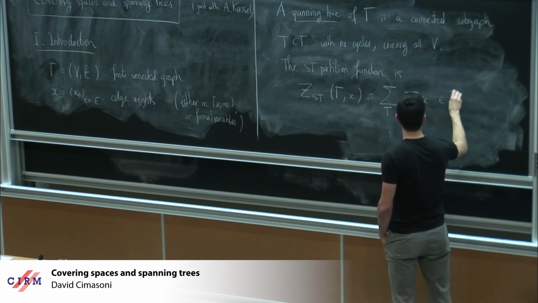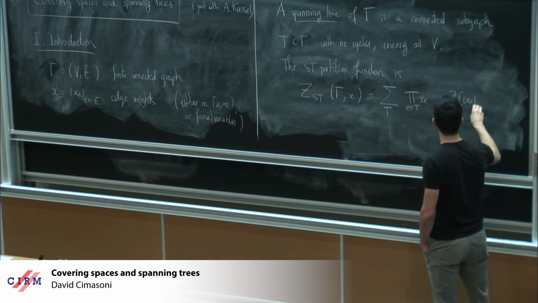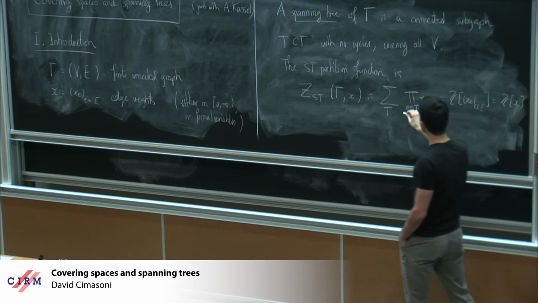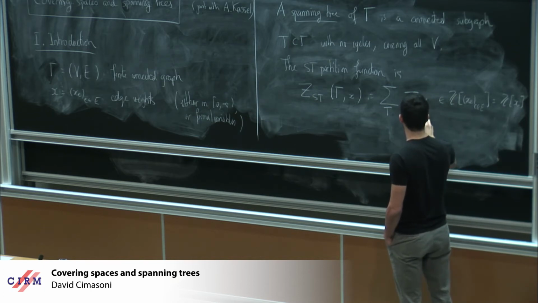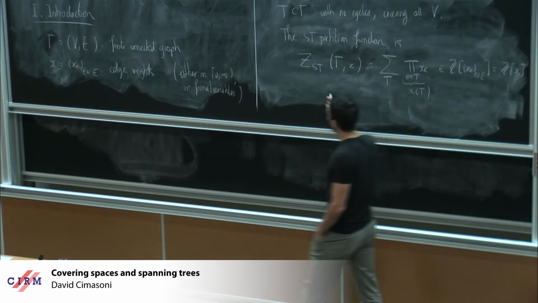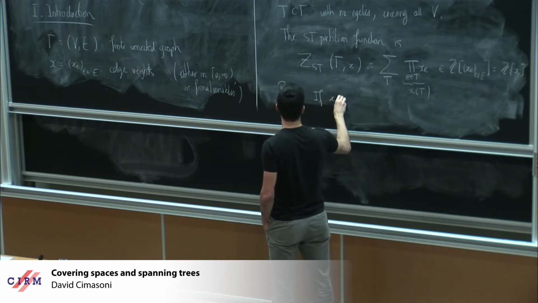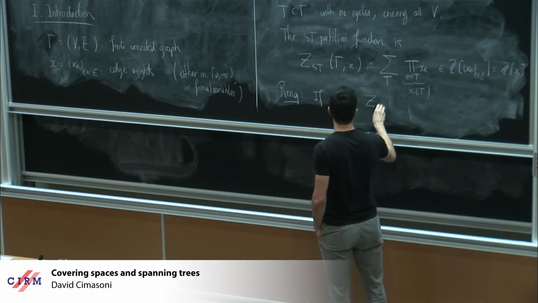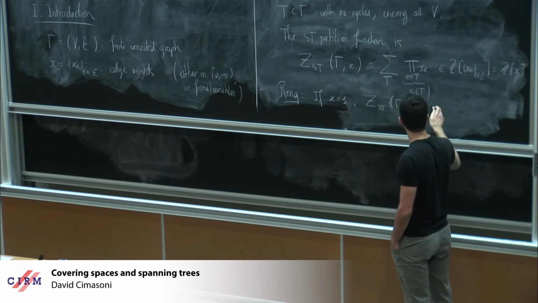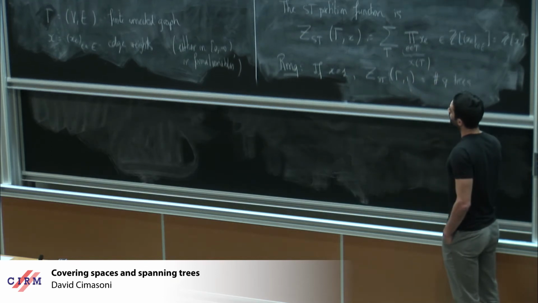And this you can see as living in a polynomial ring in the x's, which I will simply denote like this, and the weight of a tree I will simply denote by x of T. Okay, and just a quick obvious remark. If you set all the weights to be equal to 1, then this partition function is simply the number of spanning trees, right? Okay, very good.